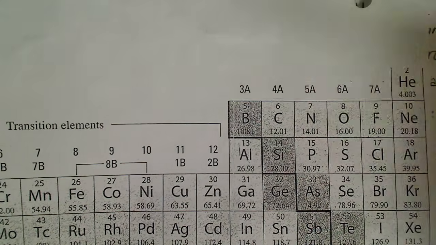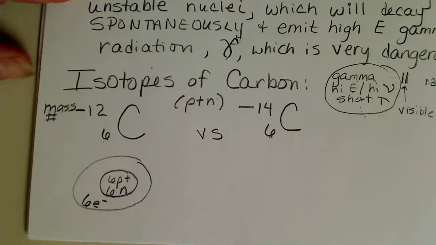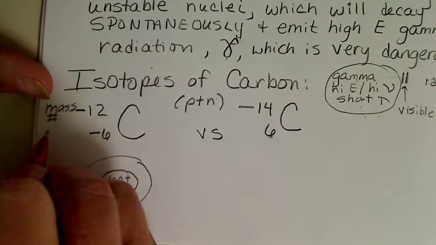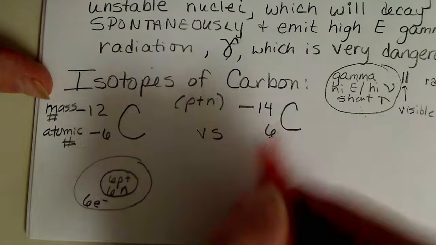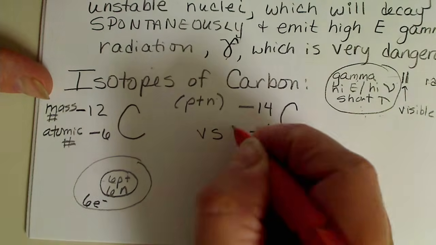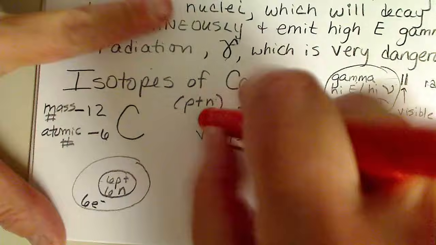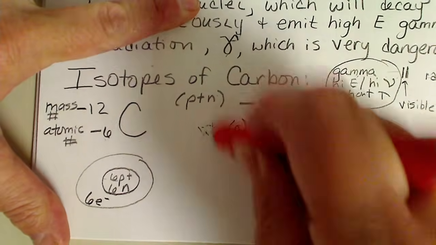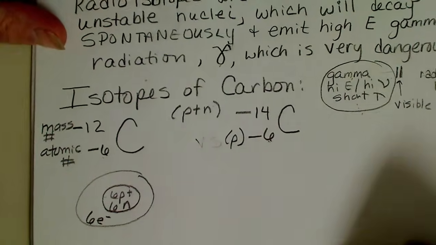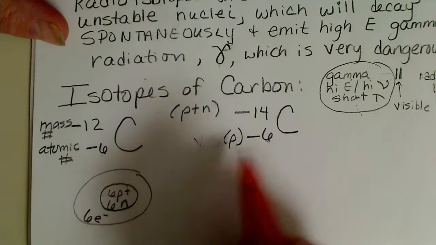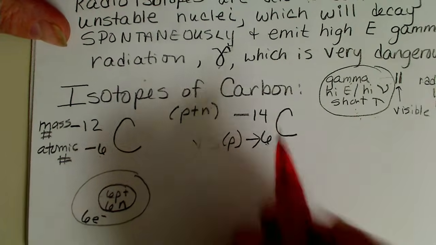So the atomic number is the number of protons. Again, the atomic number is the protons. So in earlier classes, all we may have cared about, let me put an arrow towards that.